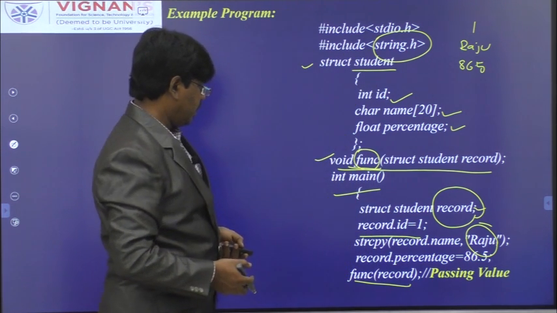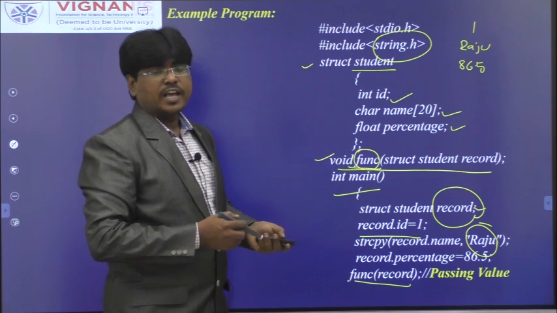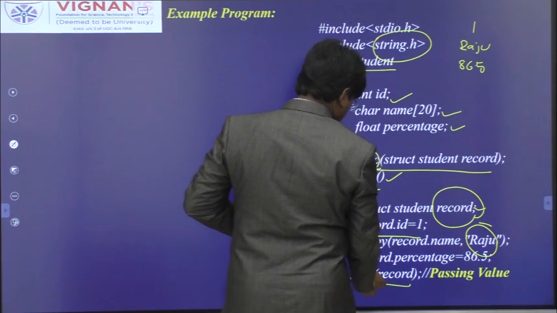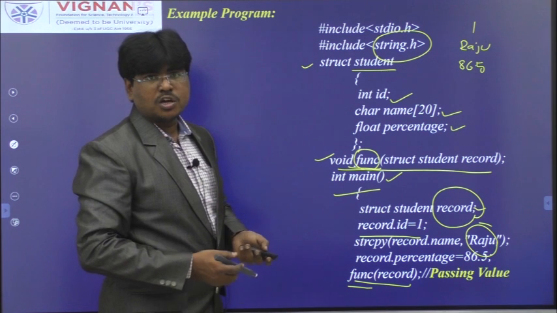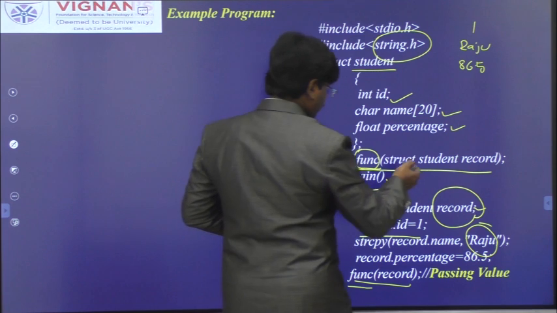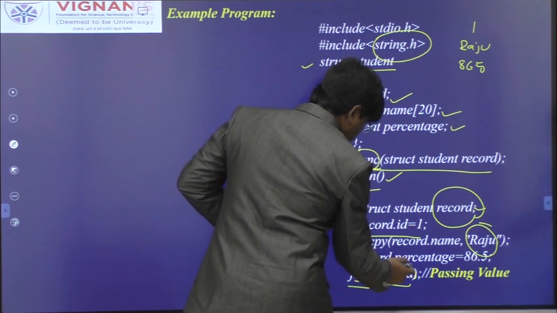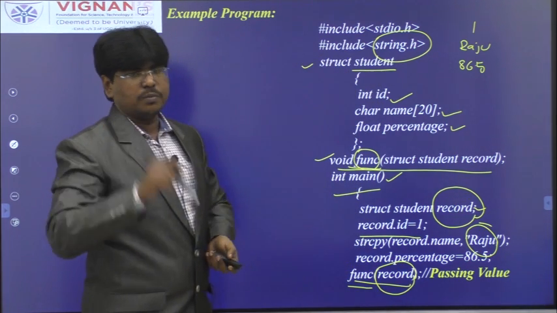Function call has been done. So what is this function call? Here the main function is calling the func function with the process of call by value. Whenever a function is calling another function, it is simply passing this. Consider that it is not a normal variable, it is a structure variable.